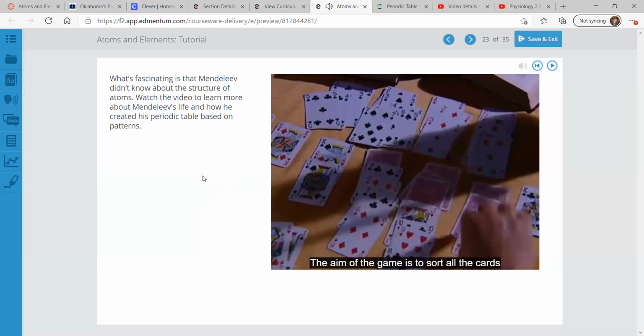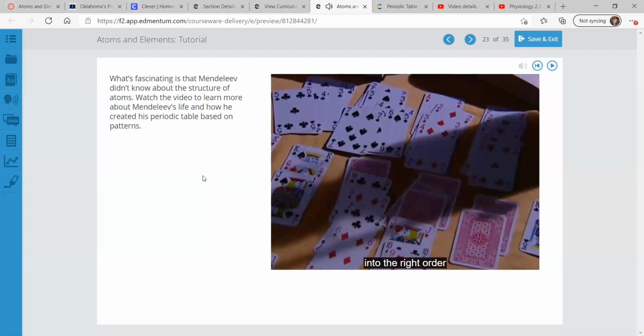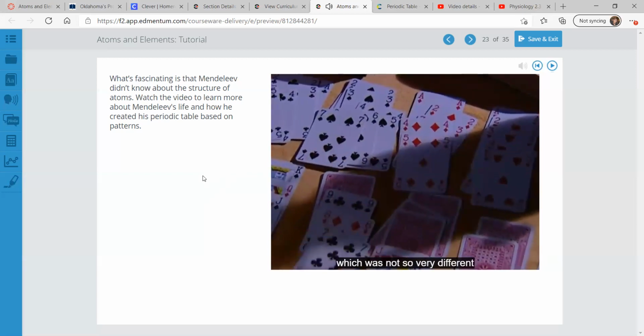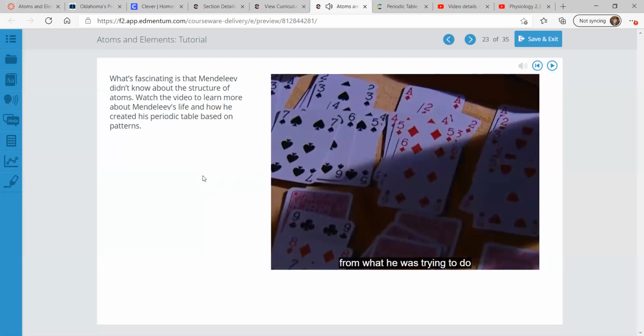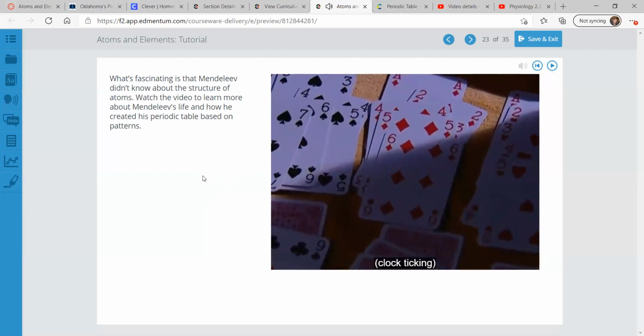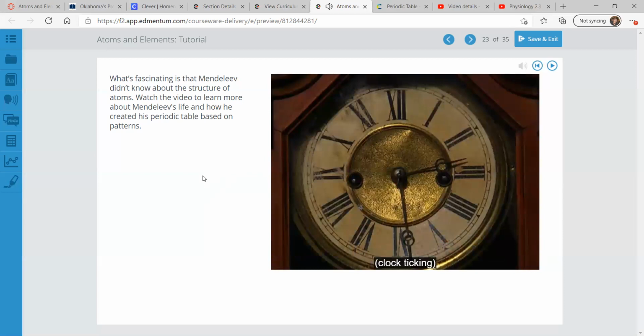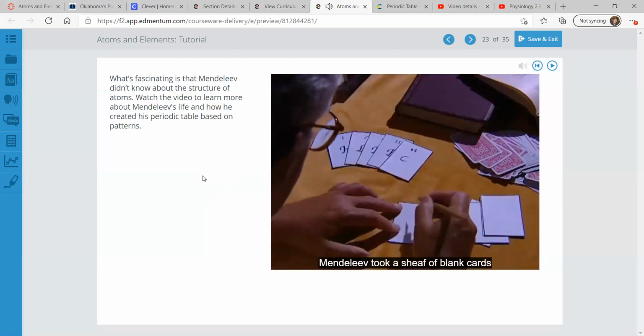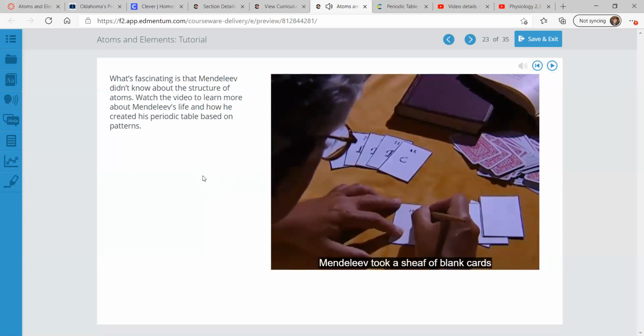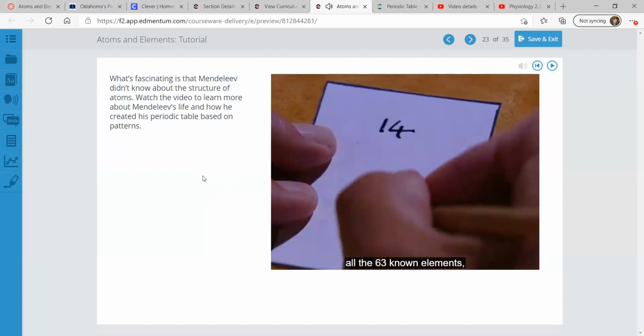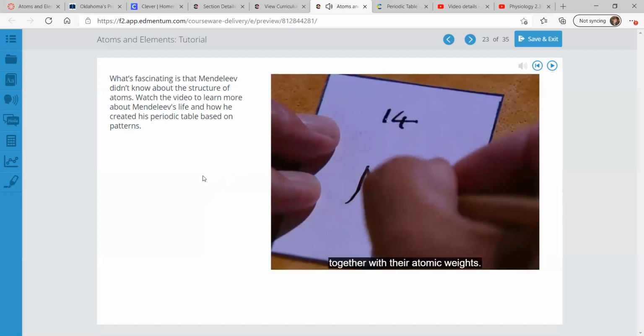The aim of the game is to sort all the cards into the right order and the right suits, which was not so very different from what he was trying to do with the elements. Mendeleev took a sheaf of blank cards and wrote down the names of all the 63 known elements, together with their atomic weights.